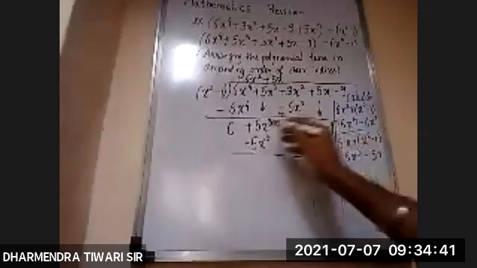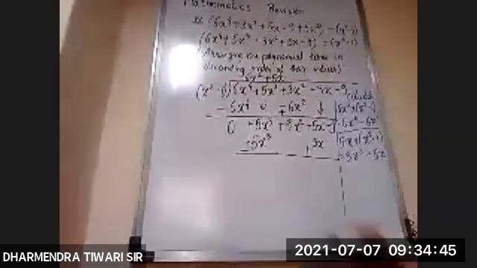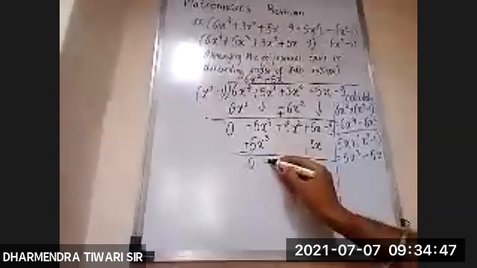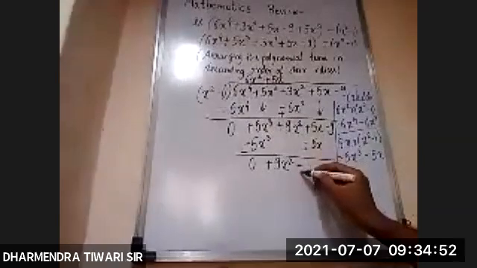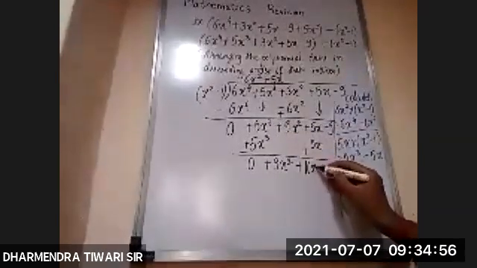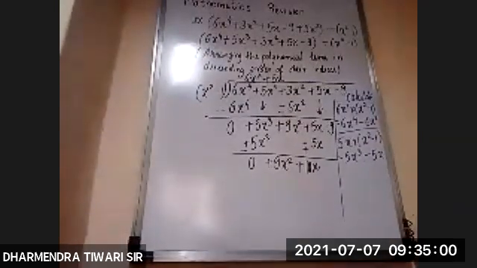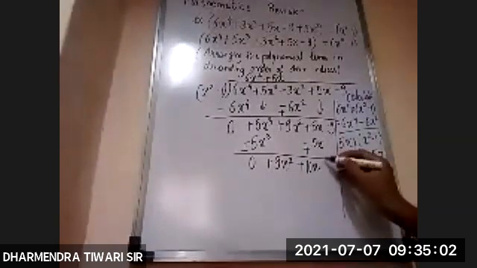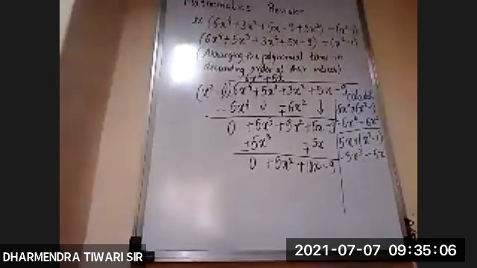Now the opposite sign, that is here minus and this plus. This will get cancelled, 0 here. What remains? 9x square. Here it is plus, plus, plus. So 5 plus 5 is 10x. And minus 9 will get carried forward as it is.